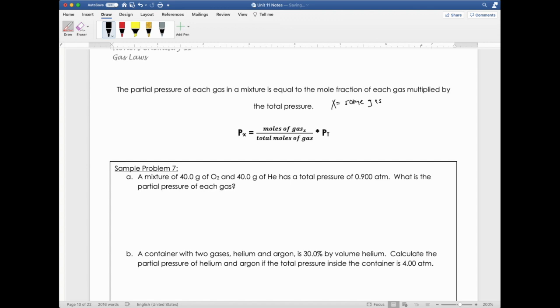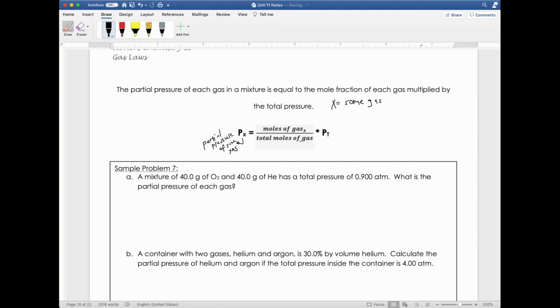If I want to know the partial pressure of that gas, that pressure is equal to the moles of that gas divided by the total moles of gas in the system, multiplied by the total pressure of the system.